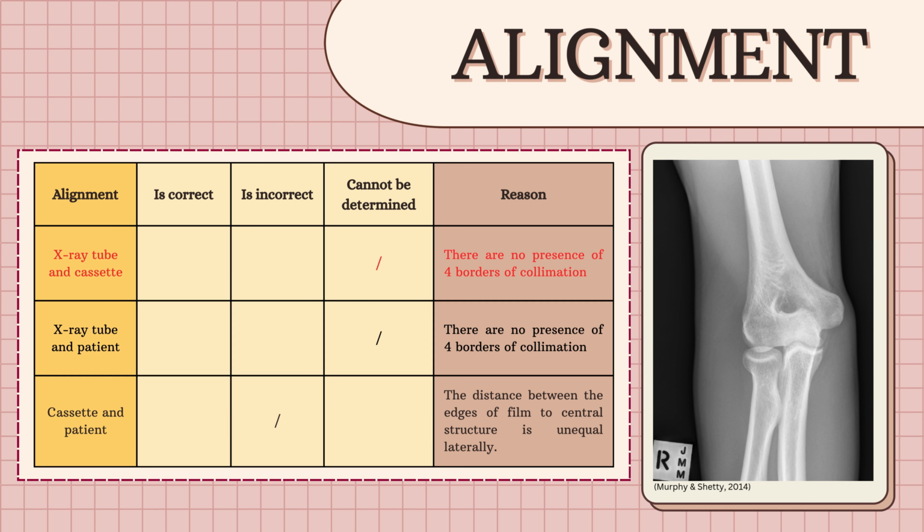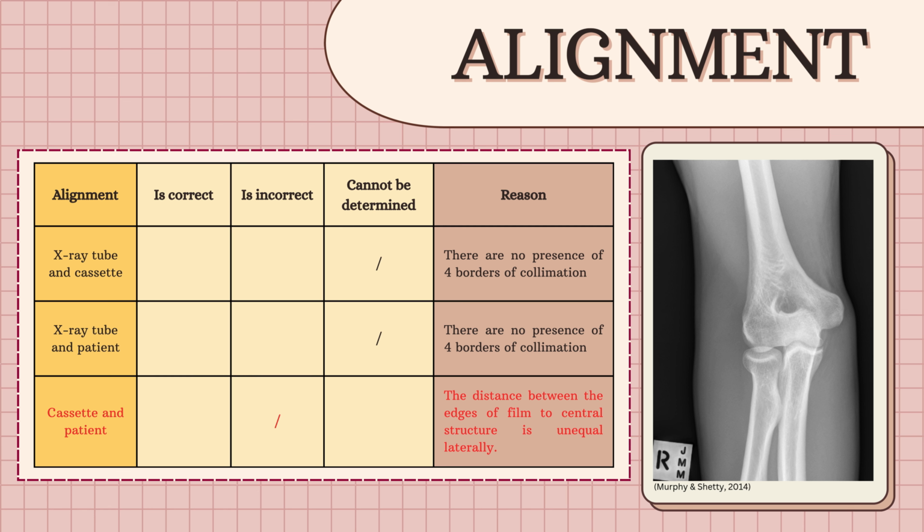Next is the alignment. There are 3 components for alignment, which is the alignment between X-ray tube and cassette, the alignment between X-ray tube and patient, and the alignment between cassette and patient. Based on this radiograph, the alignment between X-ray tube and cassette cannot be determined, because there is no presence of 4 borders of collimation. Next, the alignment between X-ray tube and patient cannot be determined, because there is no presence of 4 borders of collimation.